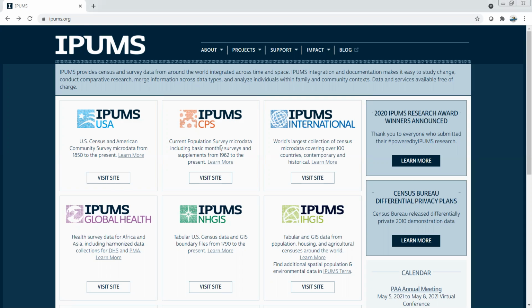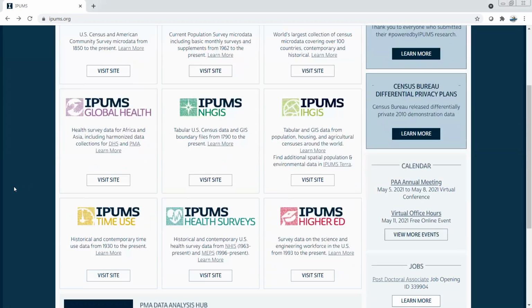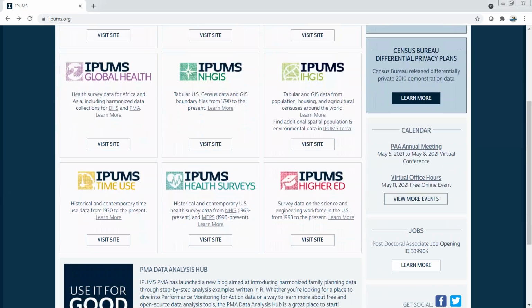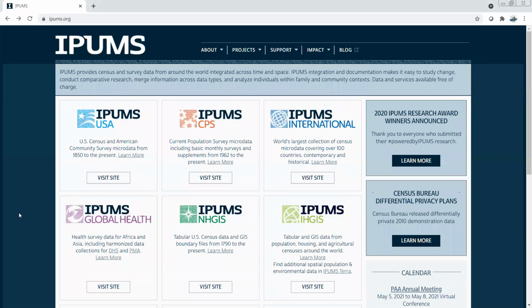It has current population survey, census from other countries, a lot of good GIS and health-related data housed there as well, including medical expenditure survey and the time use survey. Those are all very good data sources.